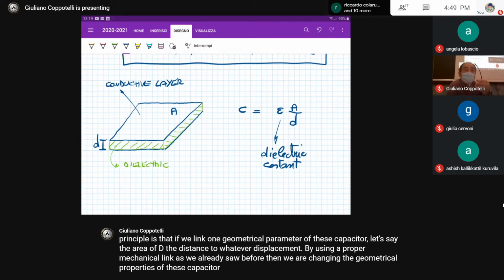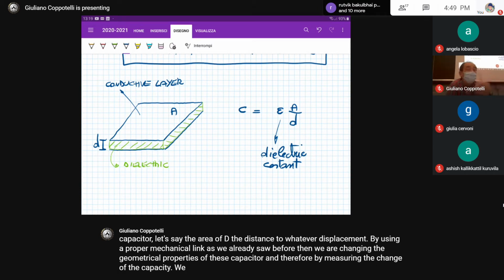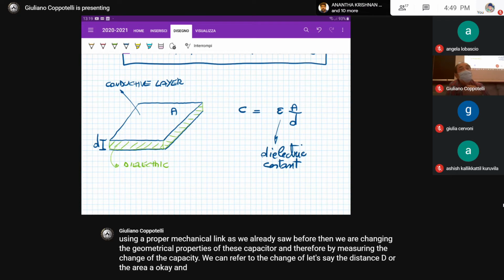And therefore, by measuring the change of the capacity, we can refer to the change of, let's say, the distance D or the area A. Okay, and thus we can go back to the physical quantity that we want to measure.